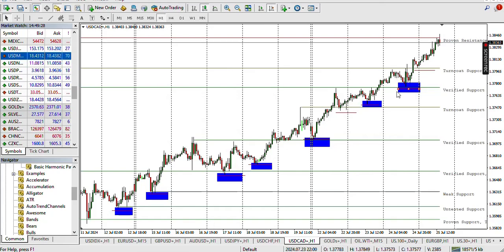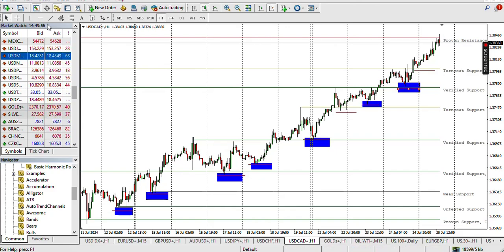Of course you can still do your analysis from a 1 hour time frame, but you can also do your analysis from a 15-minute time frame, since that is where you're going to be taking your trades. Remember, in scalping you're taking entries based off of the 15 minute or the 5 minute time frame, but still you want to be aware and conscious of the overall direction of the market, like the market structure.